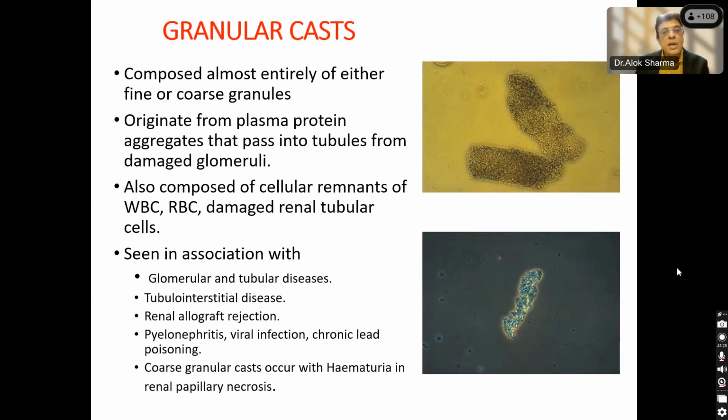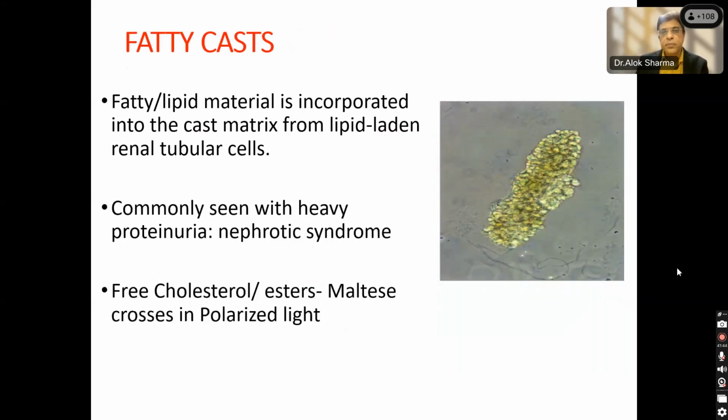So they constitute the granular cast, and they have a wide etiology. They can be seen in glomerular disease, tubular disease. They're not very specific, but they do tell you that a lot of inflammation and degradation and damage is going on in the entire urinary tract as well as the renal parenchyma. From that point of view, they are very important to be recognized.